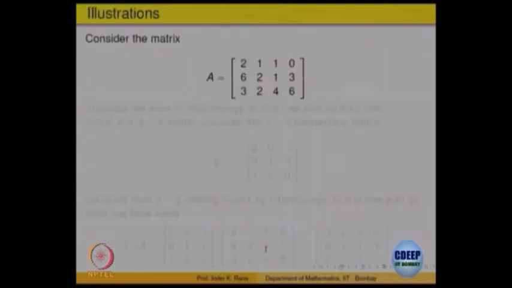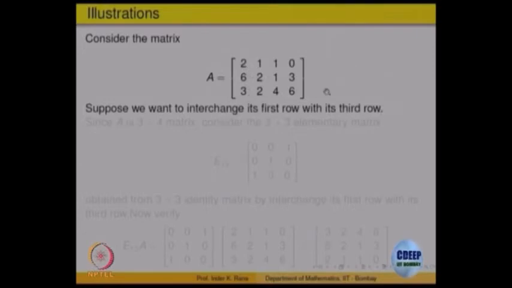Let us see some examples of this. Let us take the matrix A, okay. This is the matrix, and we want to interchange its first row with its third row. So, what should I be doing? This matrix is of order 3 cross 4. So, I should be looking at an elementary matrix of order 3 cross 3, which is obtained from the identity matrix of order 3.